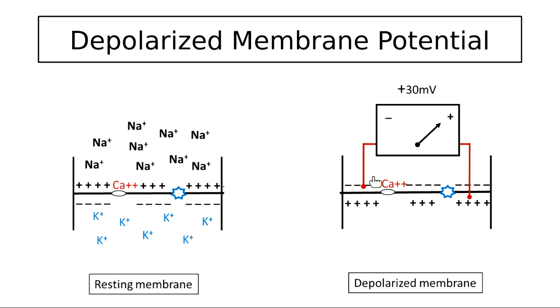But let's look at the depolarized membrane. It's negative on the outside, positive on the inside. Well, electrons flow from negative to positive, and so there's your positive 30 millivolts. That's a depolarized membrane.